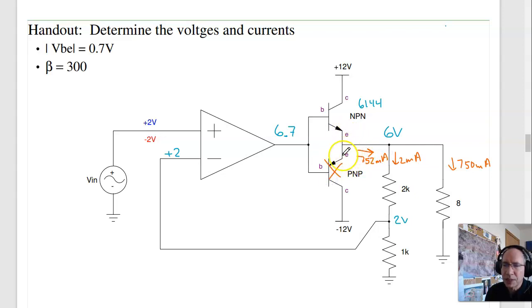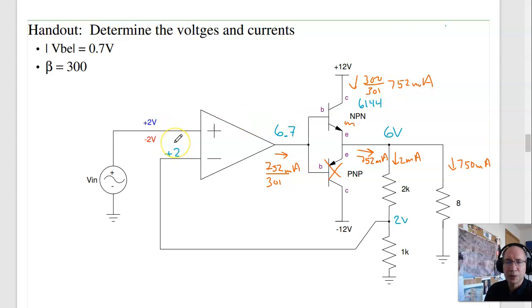That's the current going the wrong way. This one turns on. Current right here will be the emitter current divided by beta. So that's 752 divided by beta plus 1 milliamps. This will be 300 times that. So it's going to be 300 over 301, that percentage of 752 milliamps.